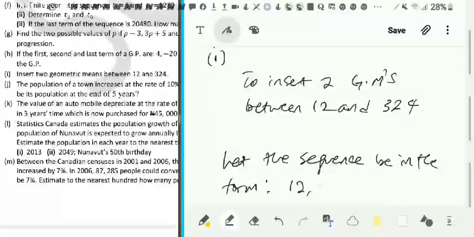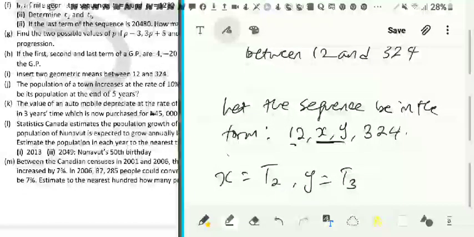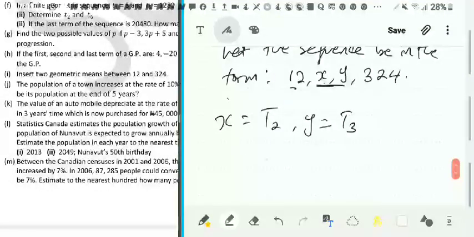Then we want to insert 2 GMs. Let's call this one X. Let's call this one Y. And then 324. So we want to insert 2 numbers between 12 and 324, which we call X and Y. X now is like our T2, and Y is what? The third term. So this is the first term, second term, third term, and 324 is the fourth term.